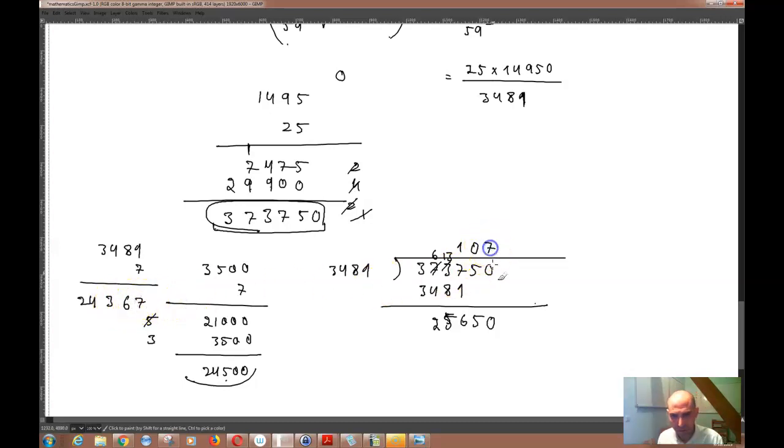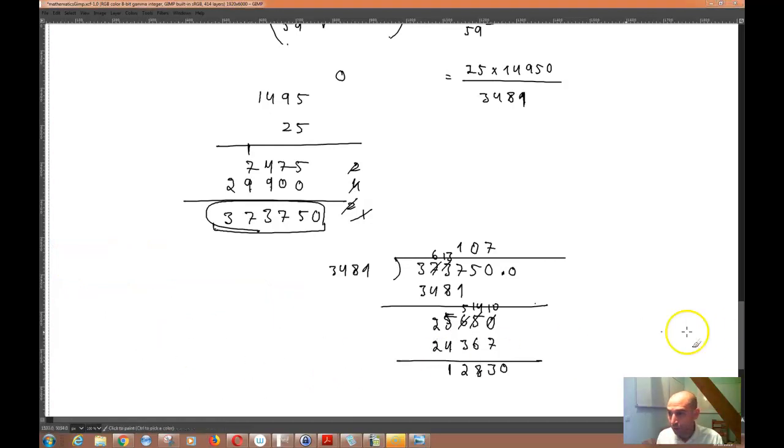So it goes 7 here. Then you can continue here, meaning that you can add a 0 here, a 0 here, and get 12,830.